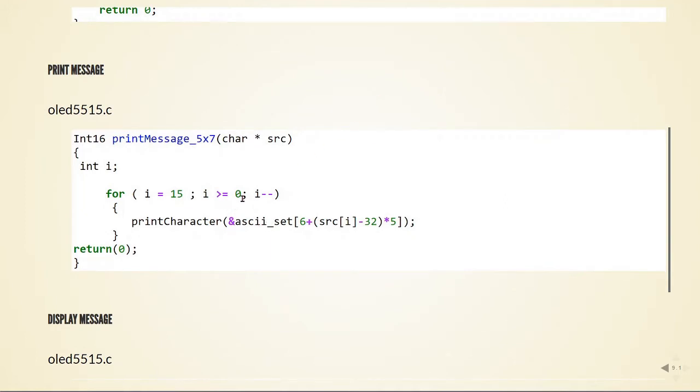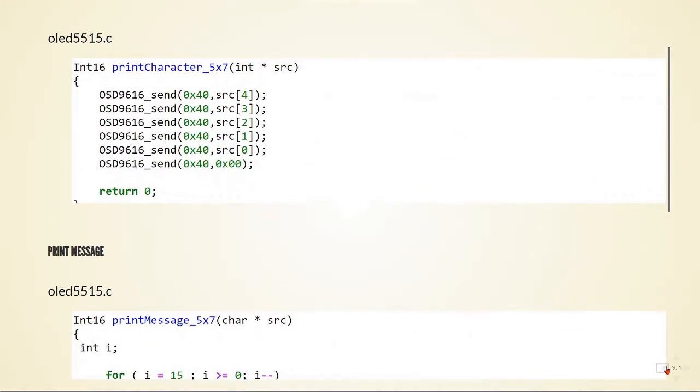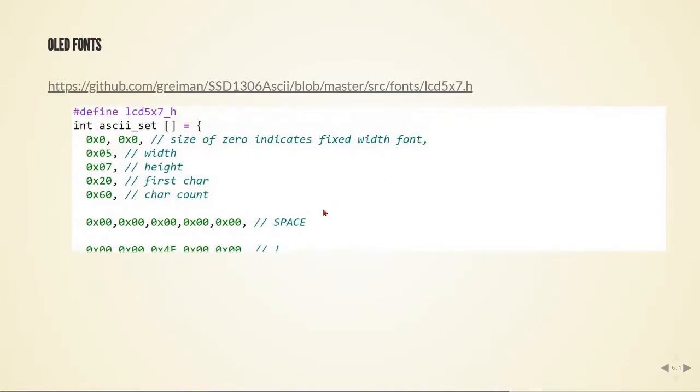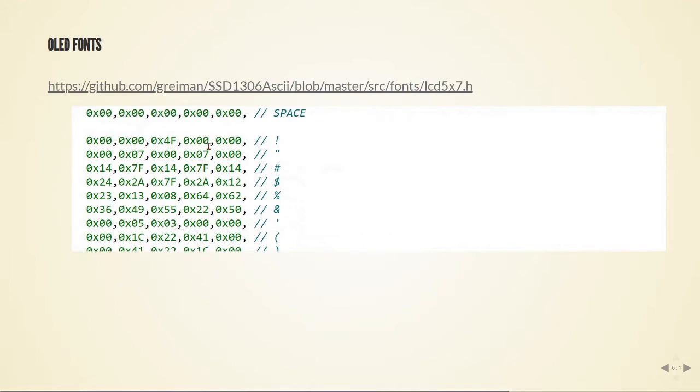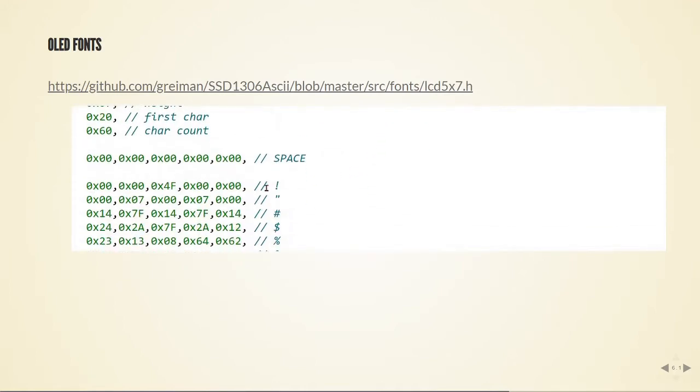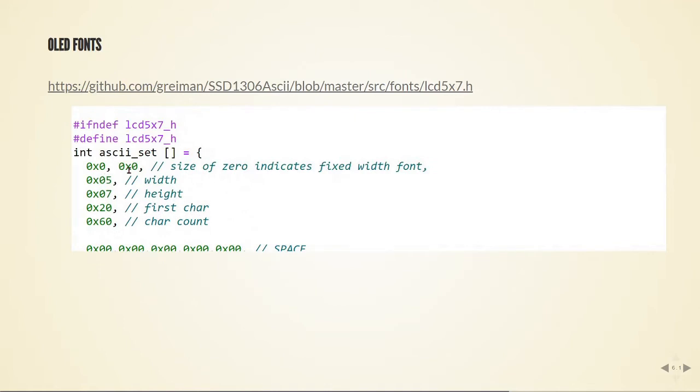If we pass these values, like some text, it will go through each of the characters, and then it will look into this table of the ASCII set, which is this font we have here. It will look up these values. We need to take into consideration that the first value starts here, so we have 0, 1, 2, 3, 4, 5, 6.